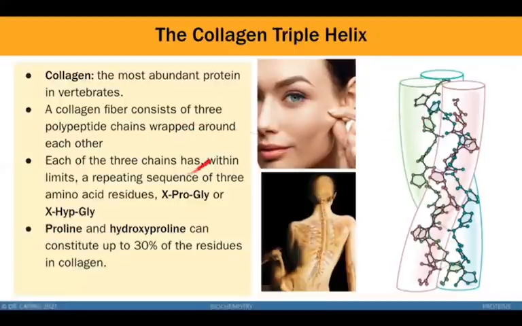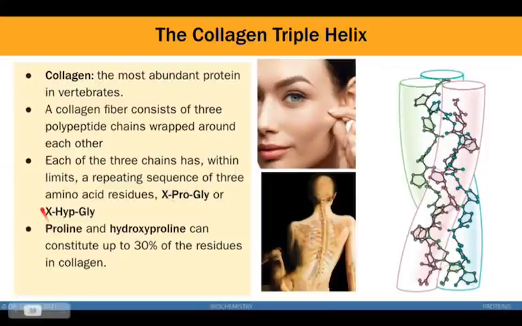Each of the three chains has a repeated sequence of three amino acid residues. The usual repeating sequence of collagen consists of X, hydroxyproline, or glycine. This X is an amino acid which can be any amino acid, then proline and glycine.